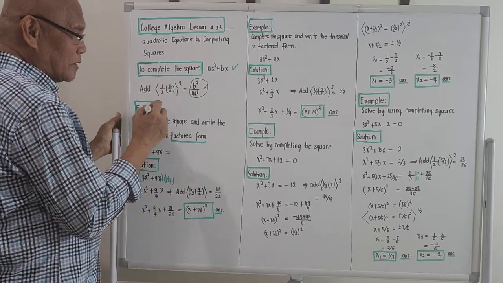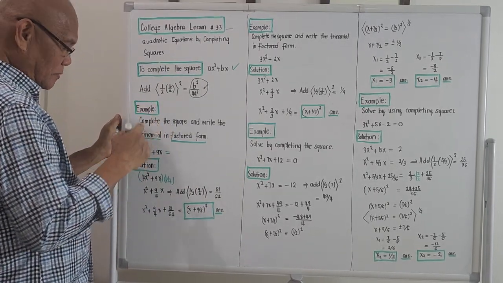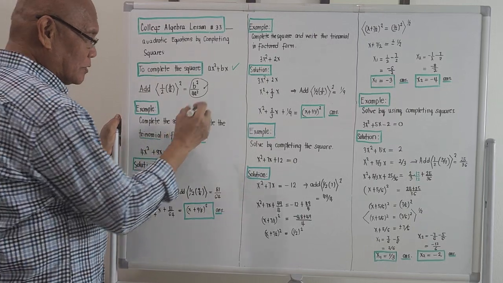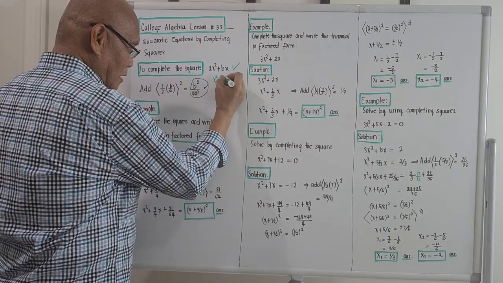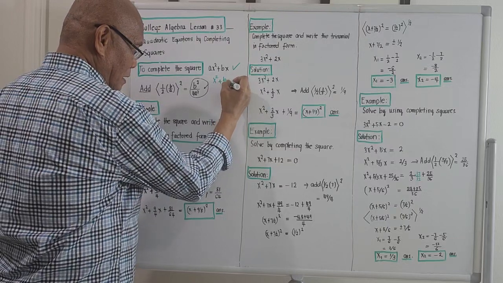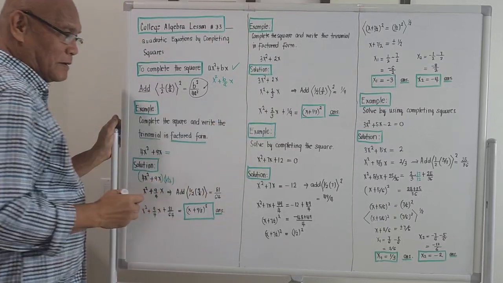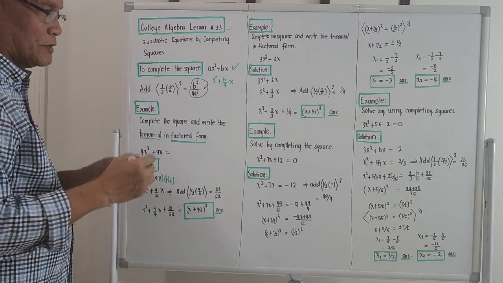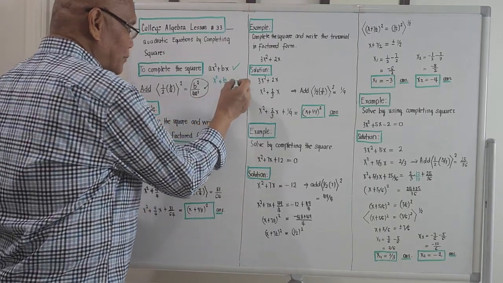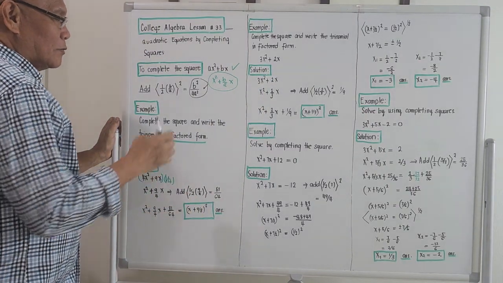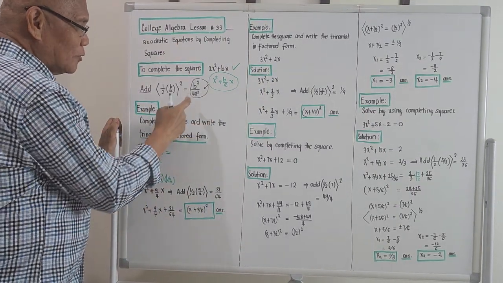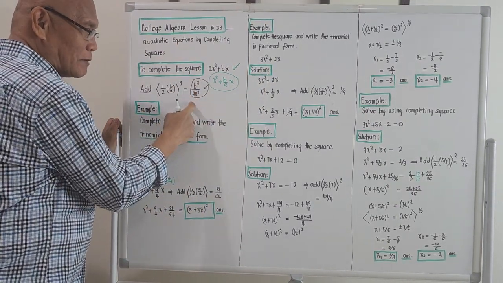So after the division of the value 4 for all the terms, what comes out now will be x squared plus b over a x. And I place it here. For this equation to become a perfect trinomial, we will add to it the value b squared over 4a squared.